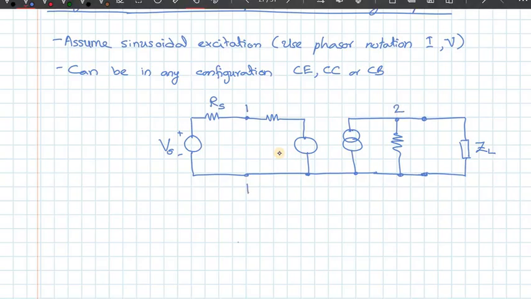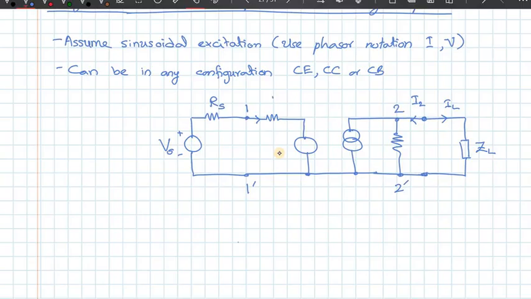Let me mark the negative terminals as 1 dash and 2 dash, and let me mark the load current as IL, whereas my convention for the output current was in this direction, that was my I2.